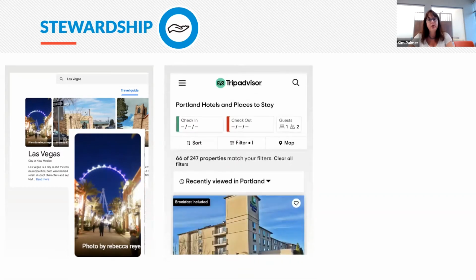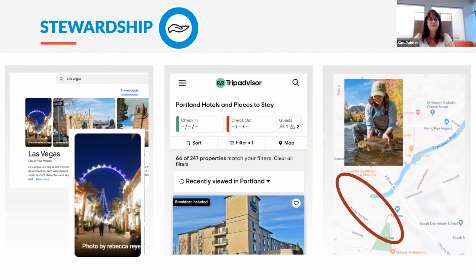Or if you are searching for a destination and filter those accommodations by those who are only taking health and safety measures at their lodging, you may find that your market suddenly goes from 247 properties to only 66. Now, we know everybody in your community is taking health and safety measures, so this is really because those businesses are not proactively filling out their health and safety information on TripAdvisor.